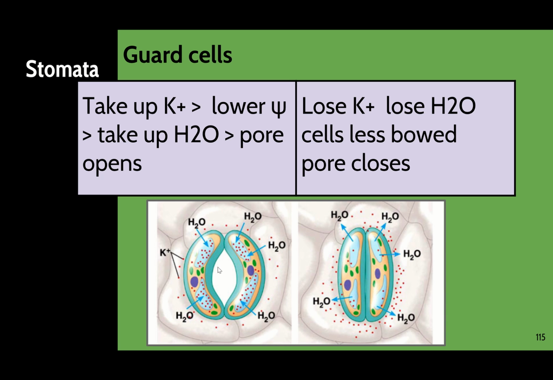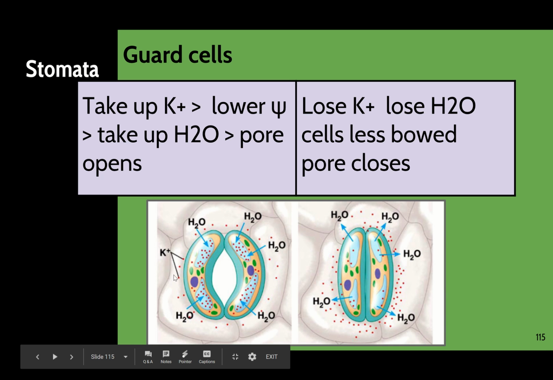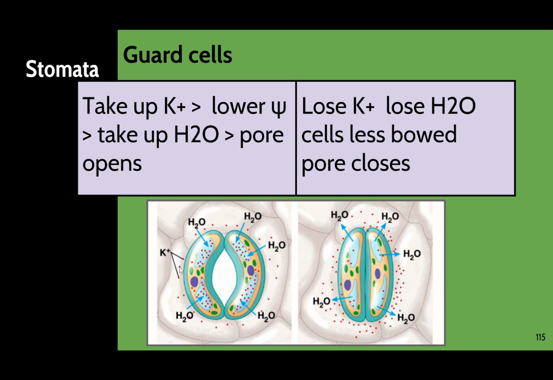What we're seeing in this image is the movement of water as well as the presence of solutes. So in this case, the solute we're looking at is potassium ions.